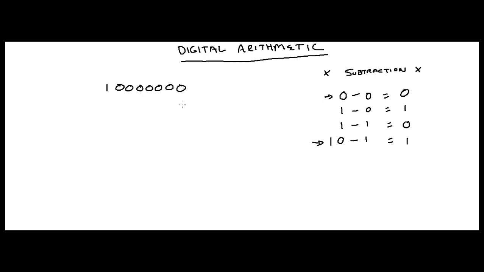And we're going to subtract 1, 0, 0, 0, 0, 0, 0, 0. Got a subtraction. Alright, give this a try, pause the video, and when you're ready, just restart the video and we'll do it together.